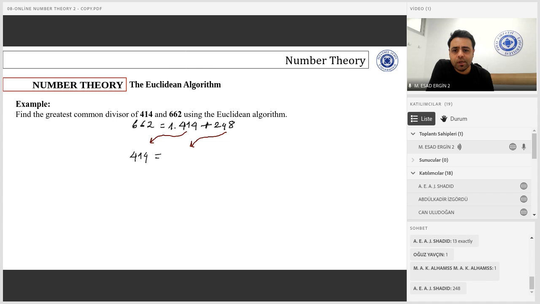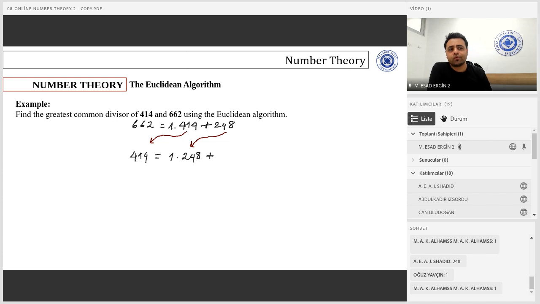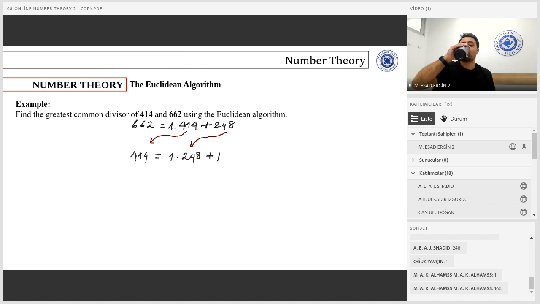So I continue with 414 equals how many times I have 248 inside of this one. It is 1, I guess. Yes, and plus, if I subtract from the 414, it will be 166.